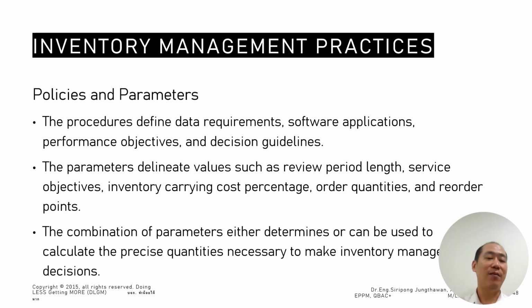And policy and parameters: the procedure defines data requirements, software application, and also performance objectives and discussion guidelines. The parameters derive values such as review period length, service objective, inventory carrying cost percentage, order quantity, and also reorder points. The combination of parameters either determines or can be used to calculate the precise quantity necessary to make inventory management decisions.